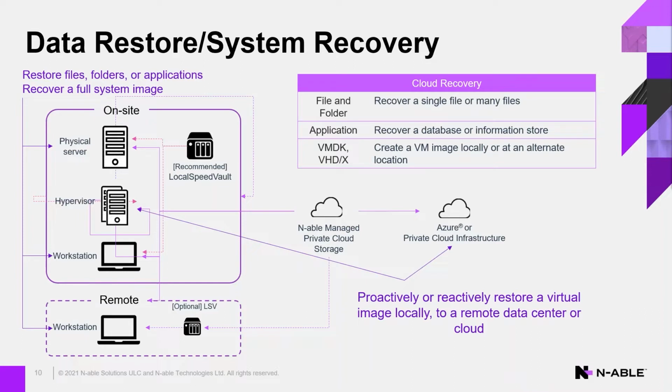I can send that off to an enable managed private cloud storage location where it's going to be compressed, deduped, and encrypted at rest. And then that copy of data or that speed vault copy can be utilized to restore the data back to that on-premise location, a secondary data center, a colo, a data center you manage, or even to the Azure or like an AWS cloud infrastructure that you have access to or that you control.